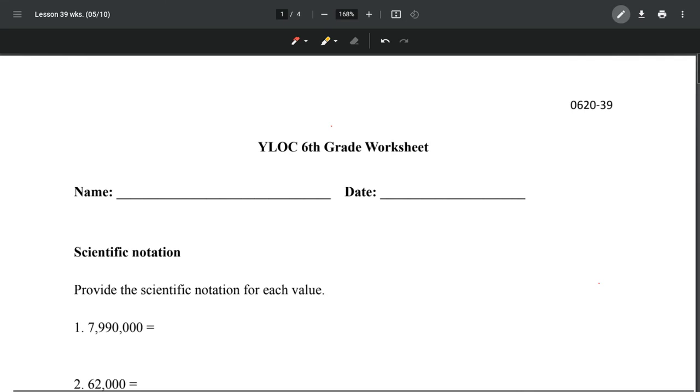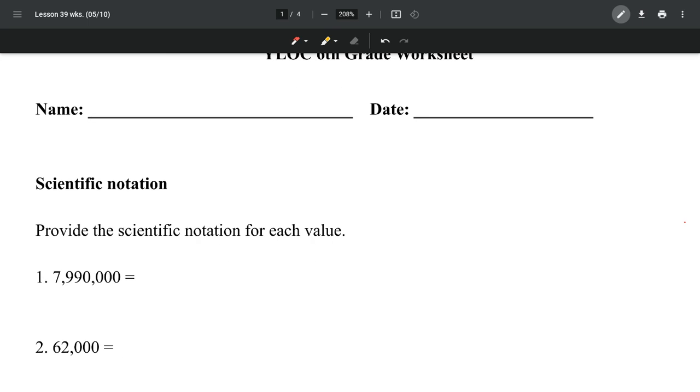So, scientific notation. We're asked to provide the scientific notation for each value. Again, just to review, scientific notation is a way of expressing very large or very small numbers.